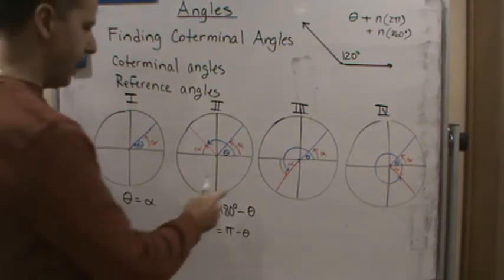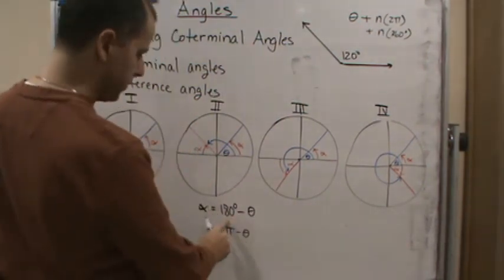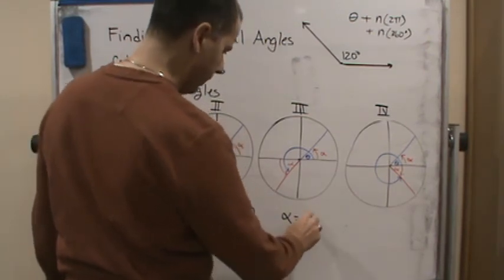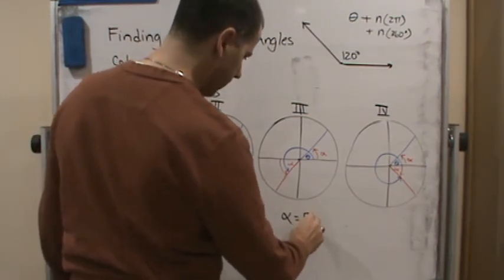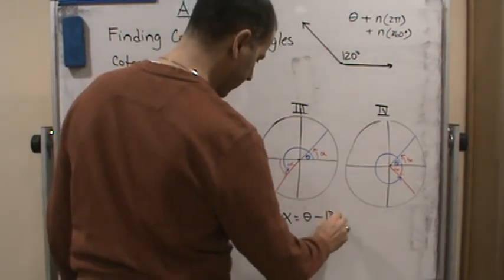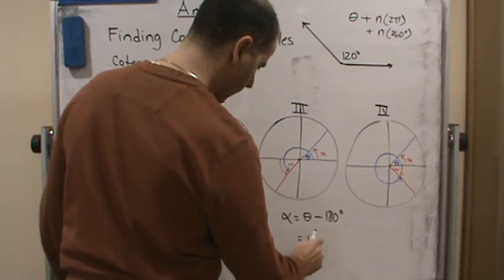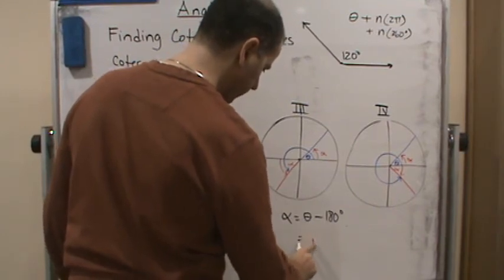Since I'm past 180, I'm going to basically flip these two. So alpha, the reference angle, is now going to be theta minus 180 degrees, or theta minus pi.